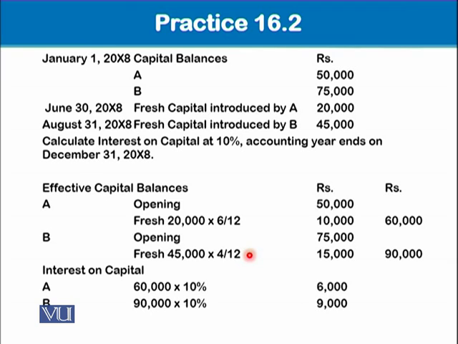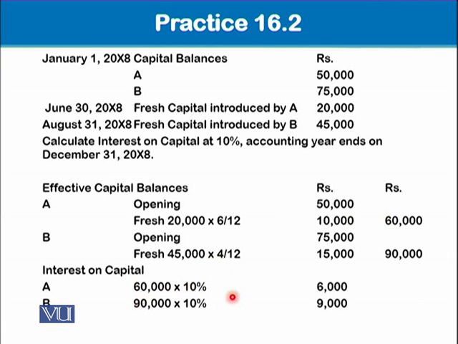Now we will apply the interest rate of 10% on the effective capital amount, and the interest on capital for partner A would be 6,000, and for partner B would be 9,000. So this is a simple multiplication of percentage with the effective balance of capital.